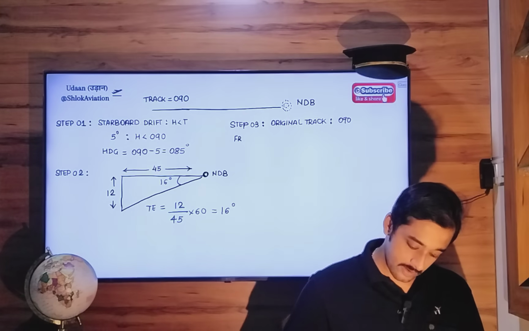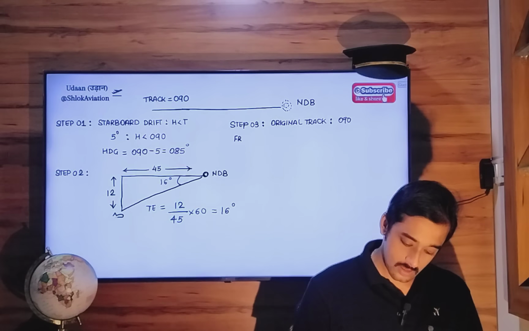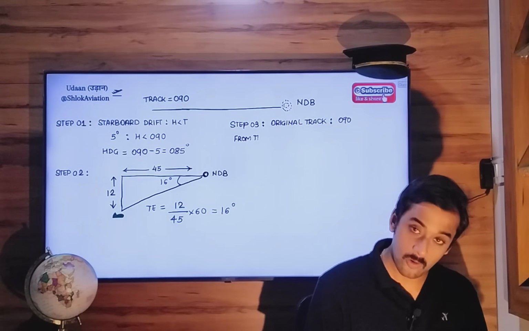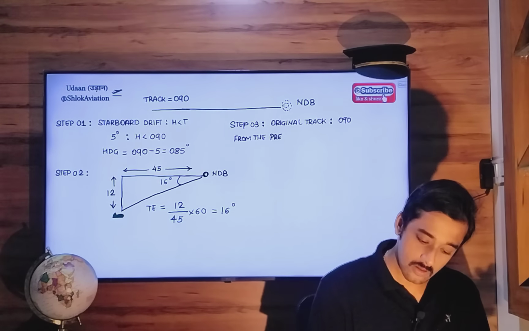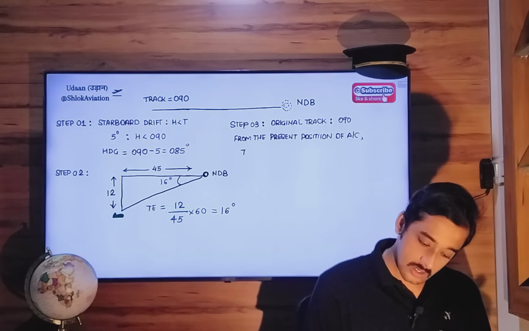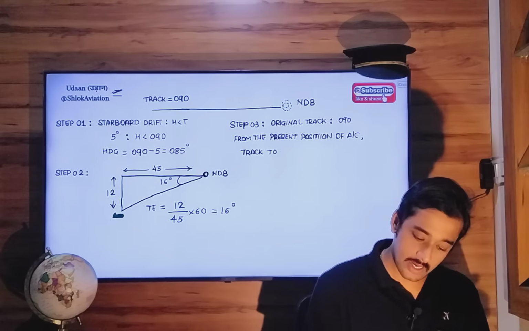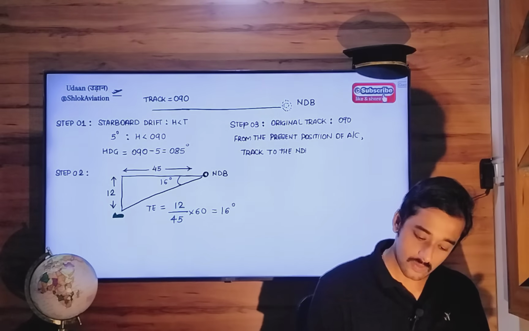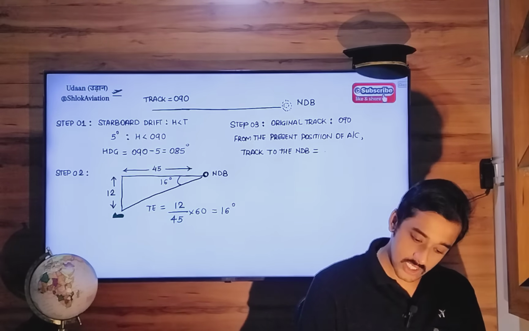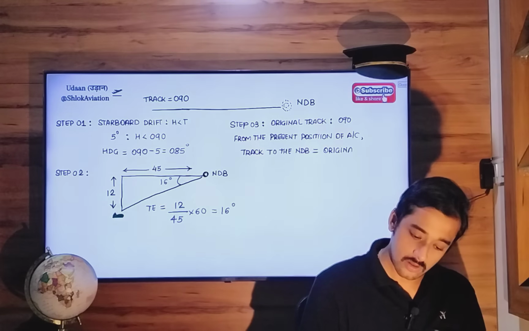From the current position of the aircraft, which is over here, the track back to the NDB station will be equal to the original track minus the track error.